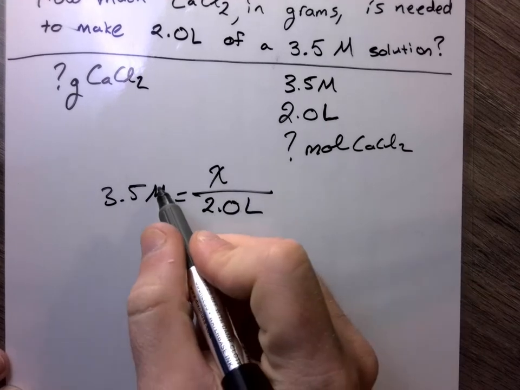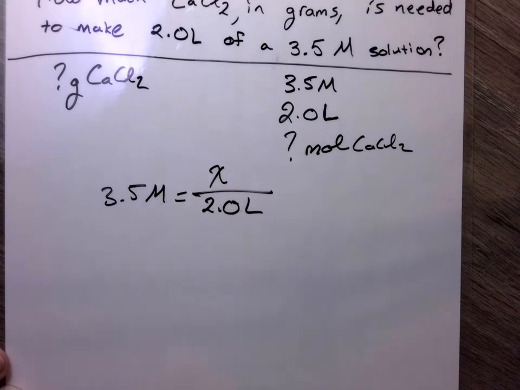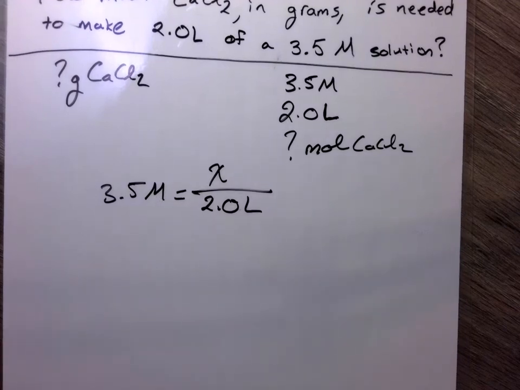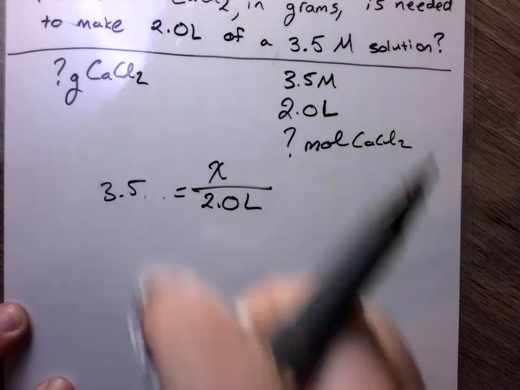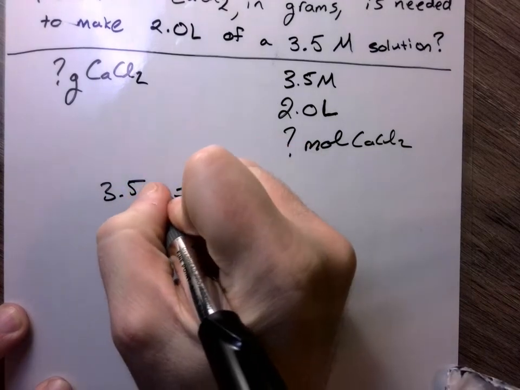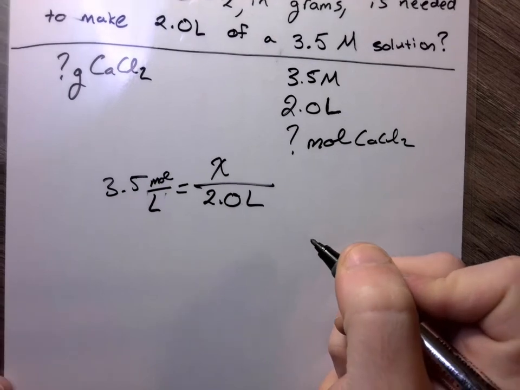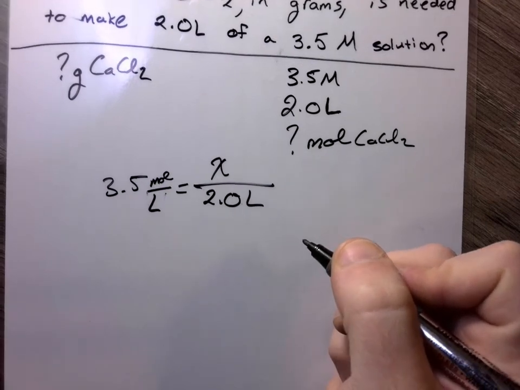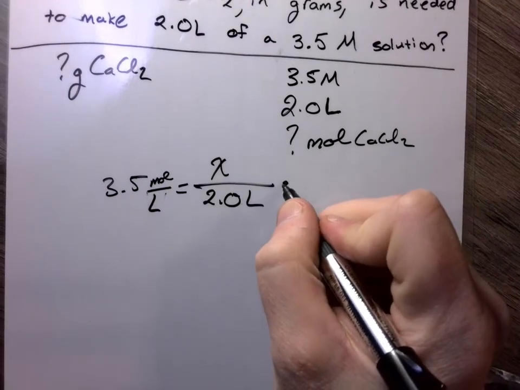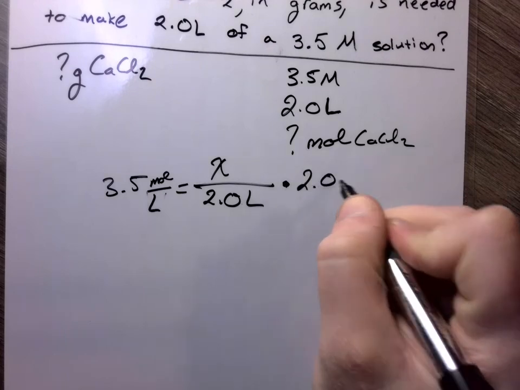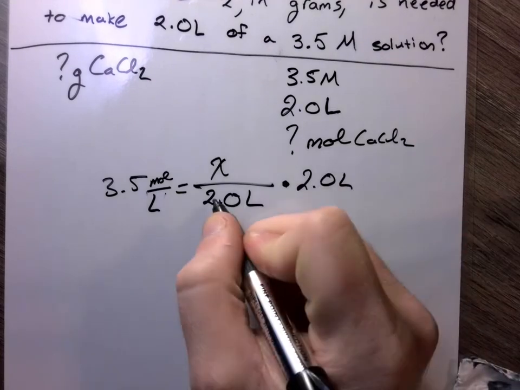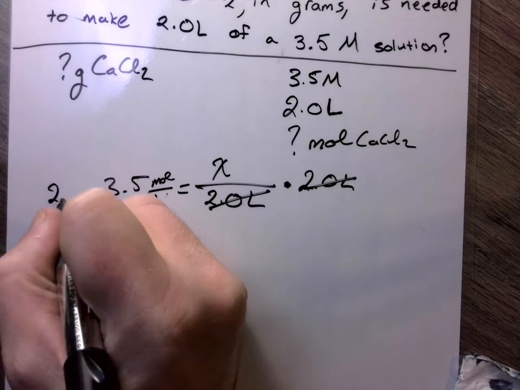Now what I'm going to do is replace this molar with what it's representing. It represents moles per liter. So I'm going to put that instead of the big M here, mole over liter. The reason I'm doing that is to show what I'm canceling and what I'm not canceling. So I'm going to multiply both sides by 2.0 liters, canceling out the 2.0 liters.